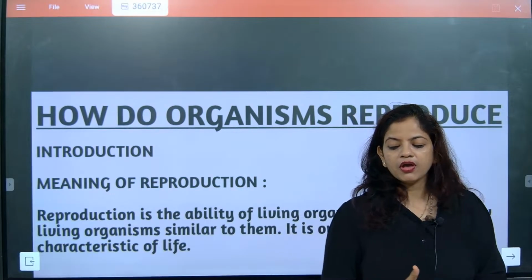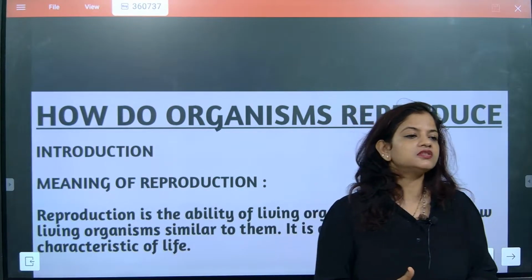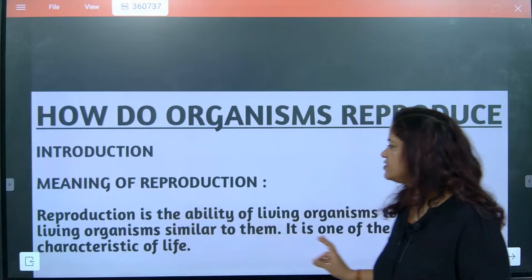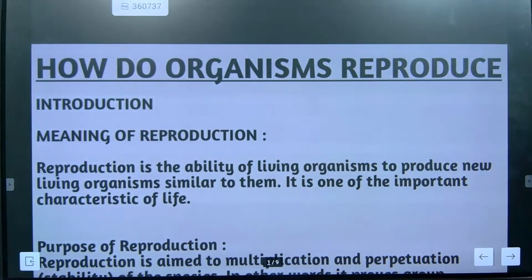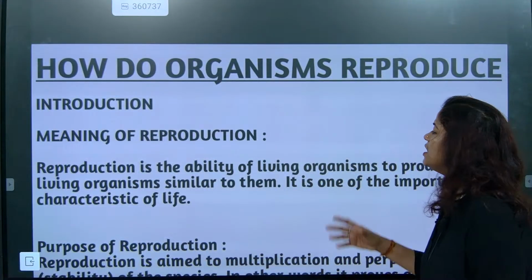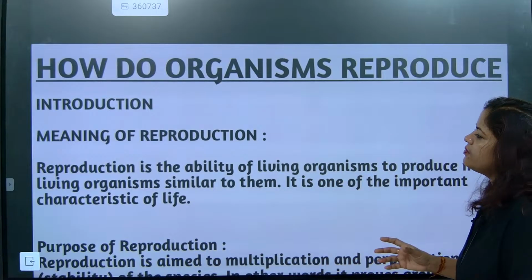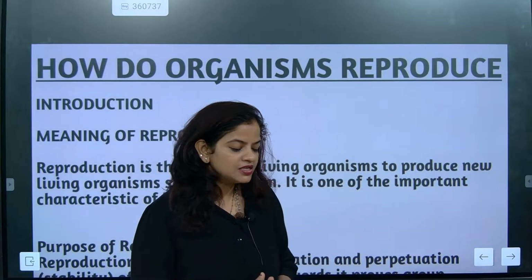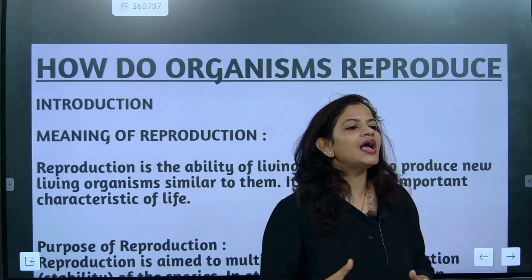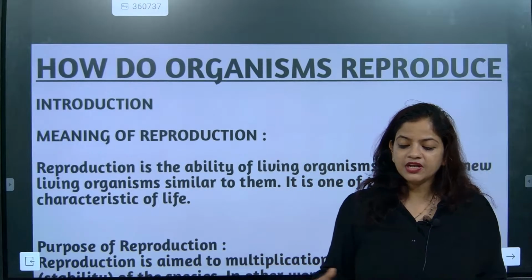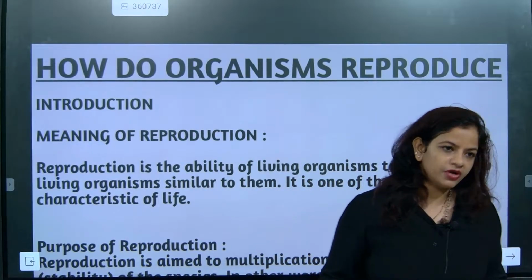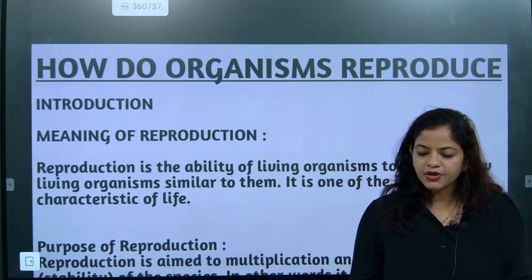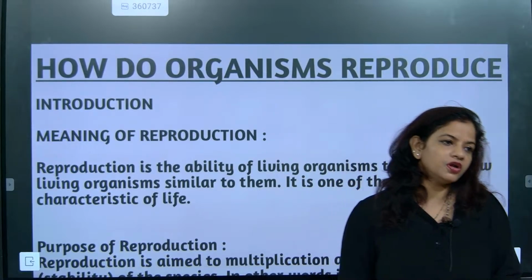Now when we talk about reproduction, we need to understand the meaning of reproduction. It is the ability of a living organism to produce a new living organism similar to it. It is one of the important characteristics of life. If somebody asks you about reproduction, the answer is: the ability of an organism to reproduce is called reproduction.